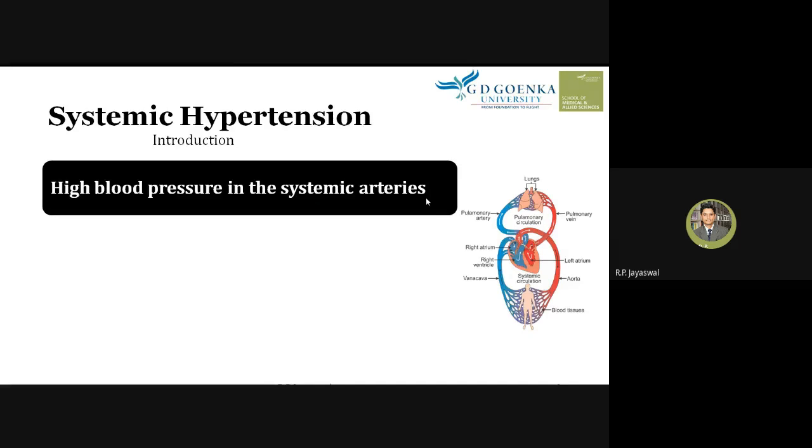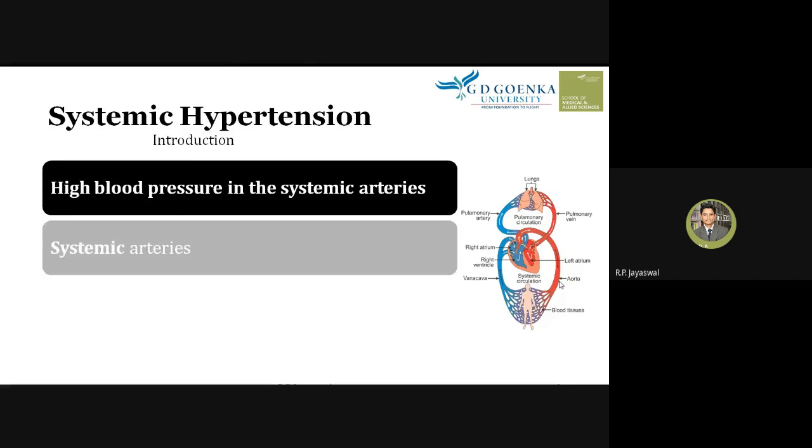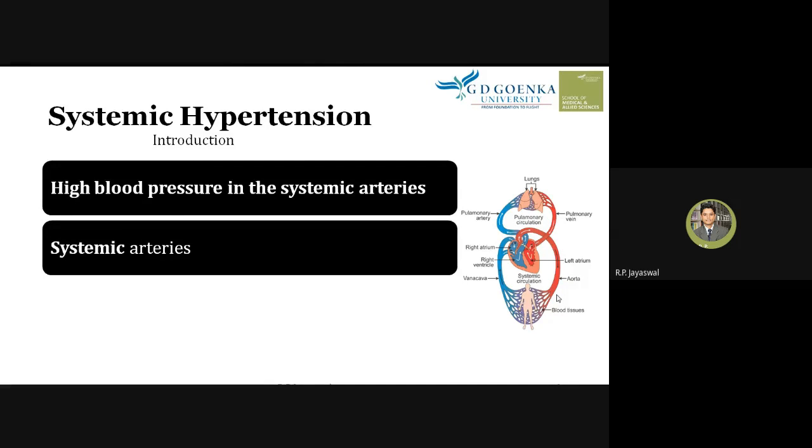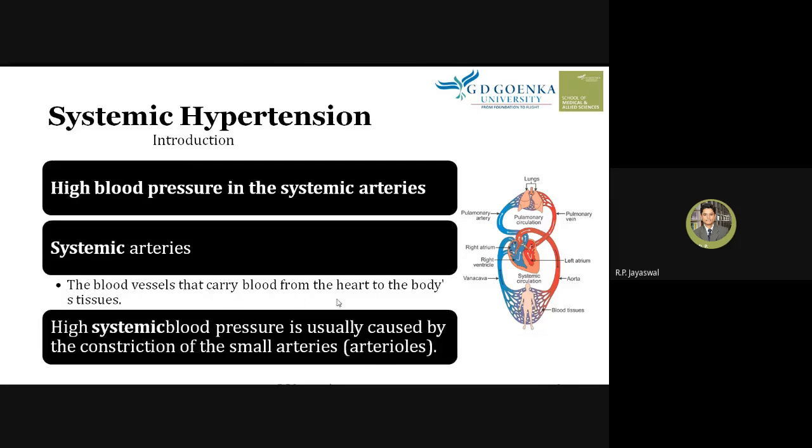So systemic arteries are basically the larger arteries, the aorta and the other arteries, sub-arteries. So there can be a higher level of blood pressure. Systemic arteries are the arteries which supply pure blood to the cells. The blood vessels that carry blood from the heart to the body tissues are systemic arteries.